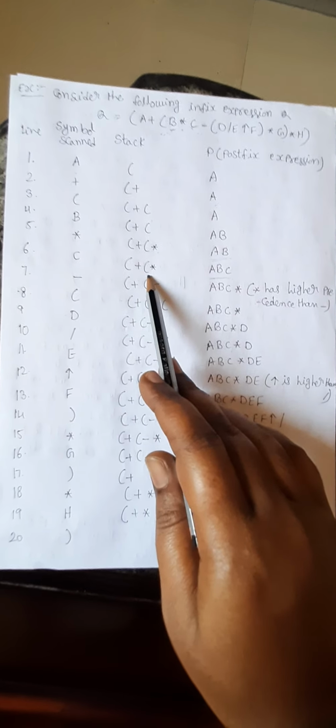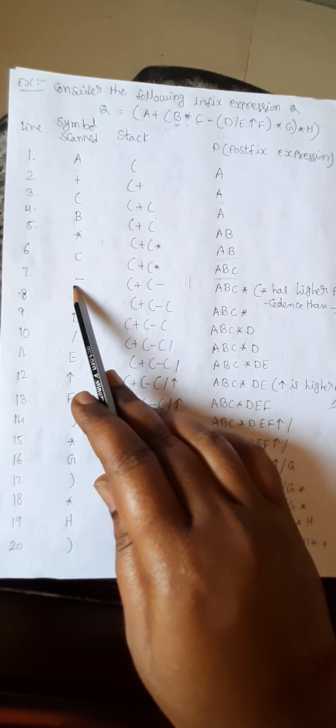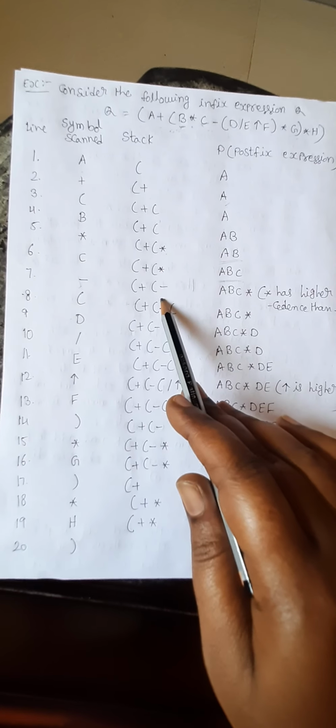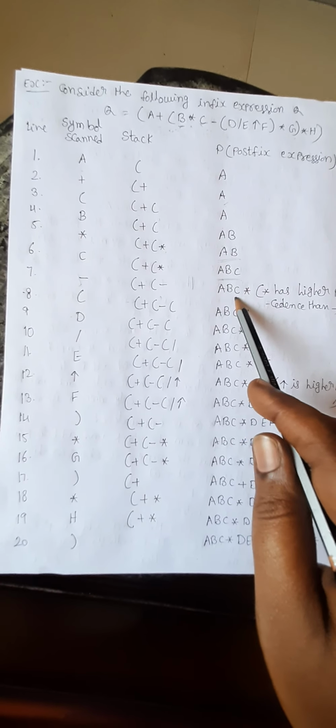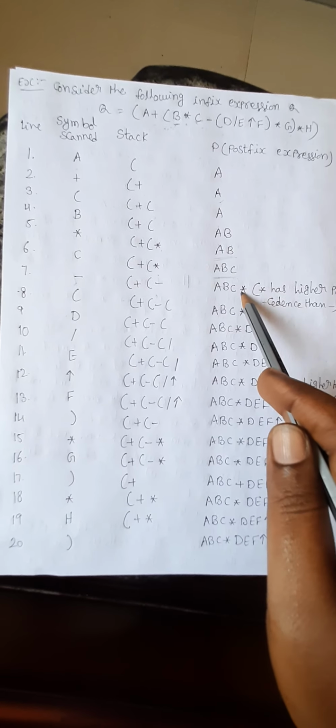And again now the minus symbol is scanned, and after that it will be included into the stack, so the postfix expression will now become, here multiplication is there, multiplication will be added. Why?